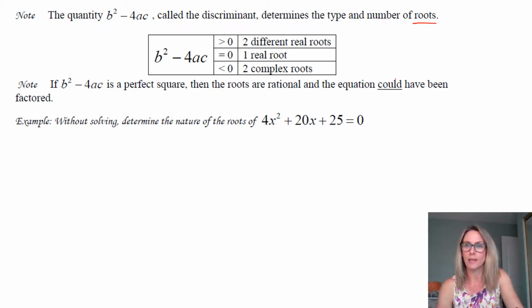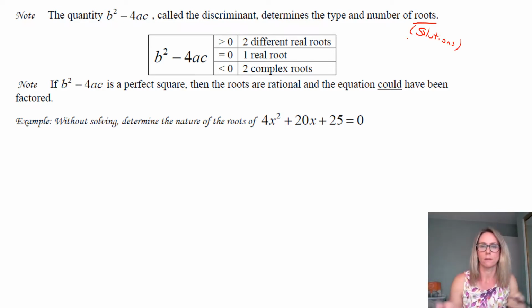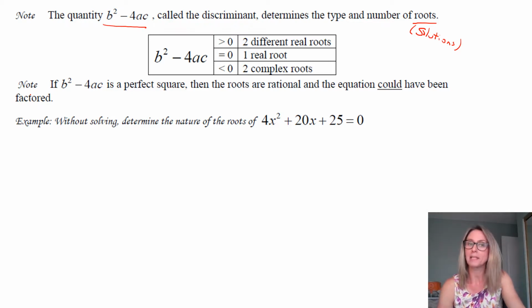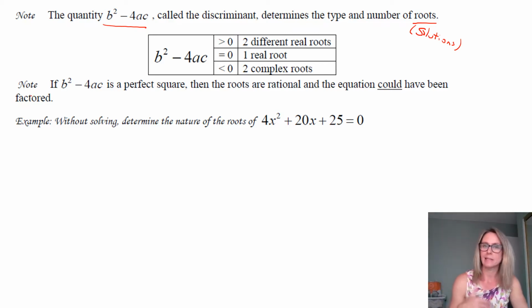So you can also be thinking about just, in our case, looking at the solutions to a quadratic equation. That's the same thing that's happening here. And basically it all has to do with the discriminant, which, as you probably can tell from the quadratic formula that we did in the last video, is the inside of the square root.